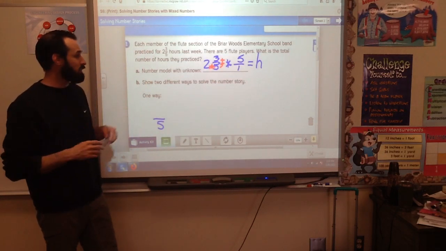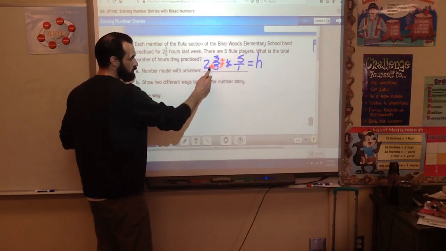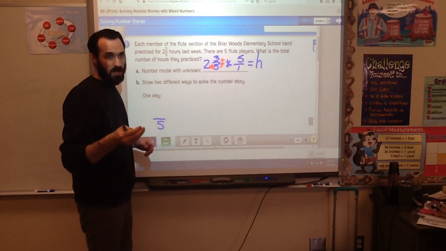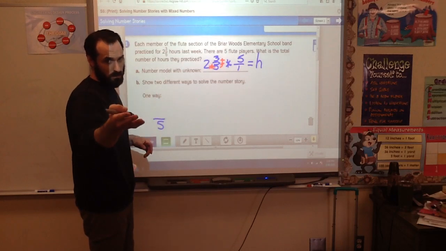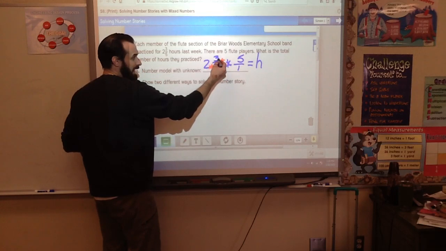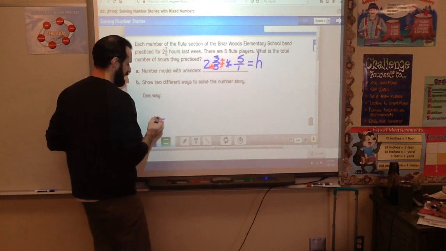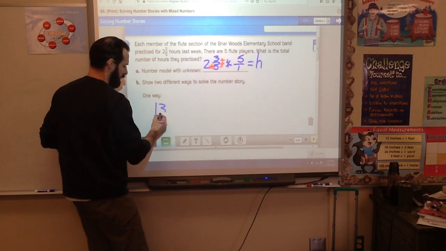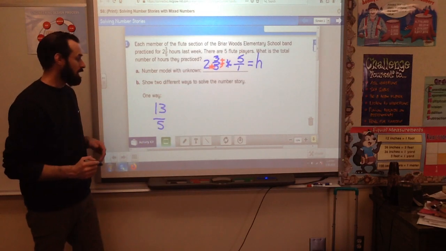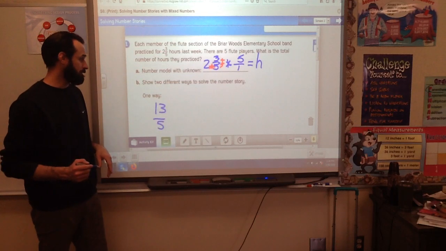If you need to rewind and rewatch to get the hang of it, that's okay. We go 2 times 5, and 2 times 5 is 10. Then we take that number and add the numerator. 2 times 5 is 10, plus 3 is 13/5. And that's how you get this back to being an improper fraction.